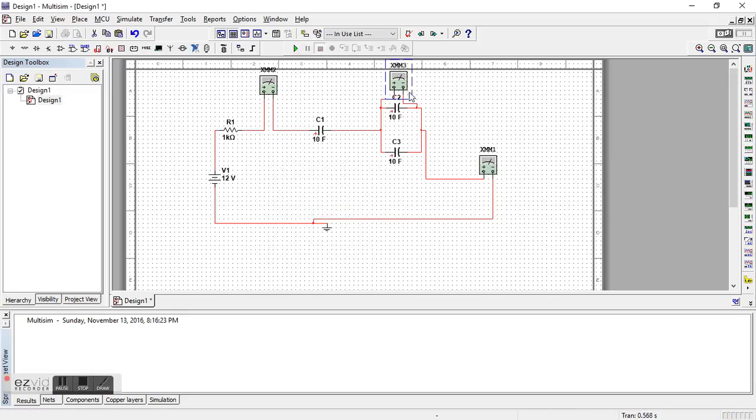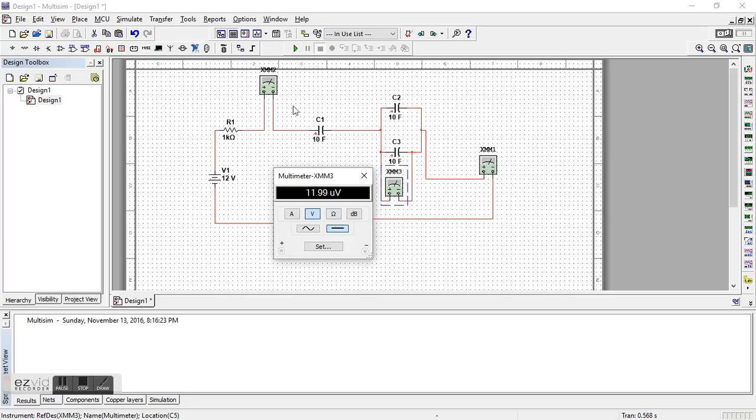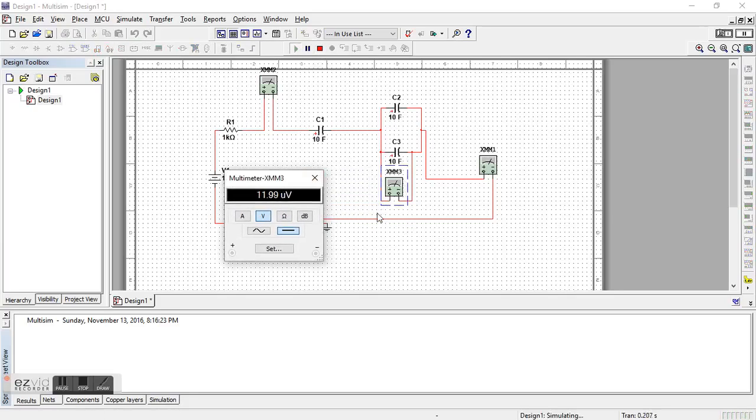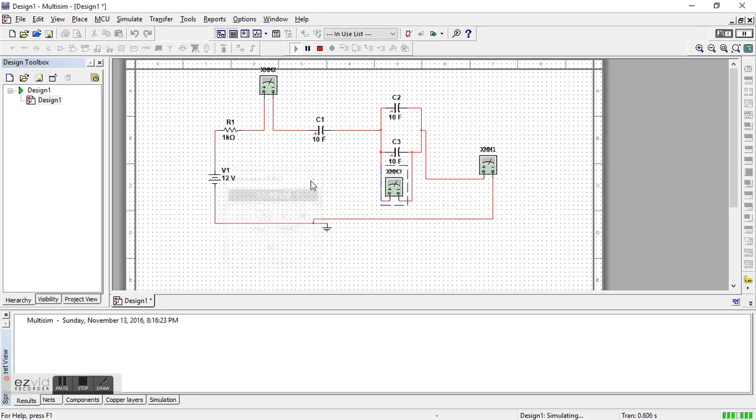Then we'll connect it with the third capacitor and run the circuit again. So we got the same value because the two capacitors are connected in parallel.